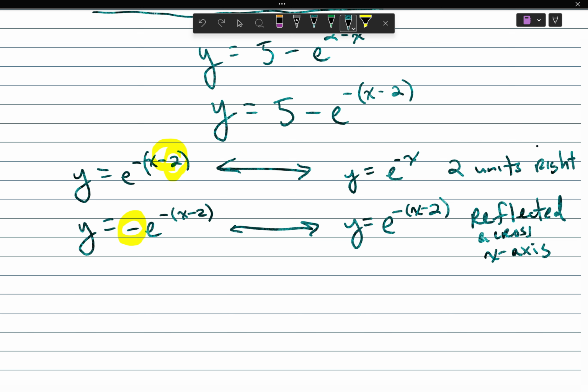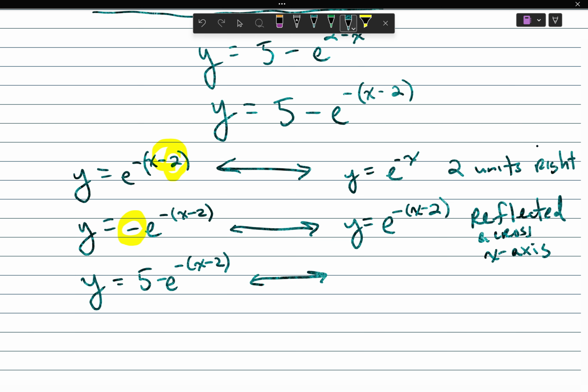All right, and then let's take a look at this next one. If we have the graph of y equals 5 minus e raised to the negative quantity of x minus 2, what is that?